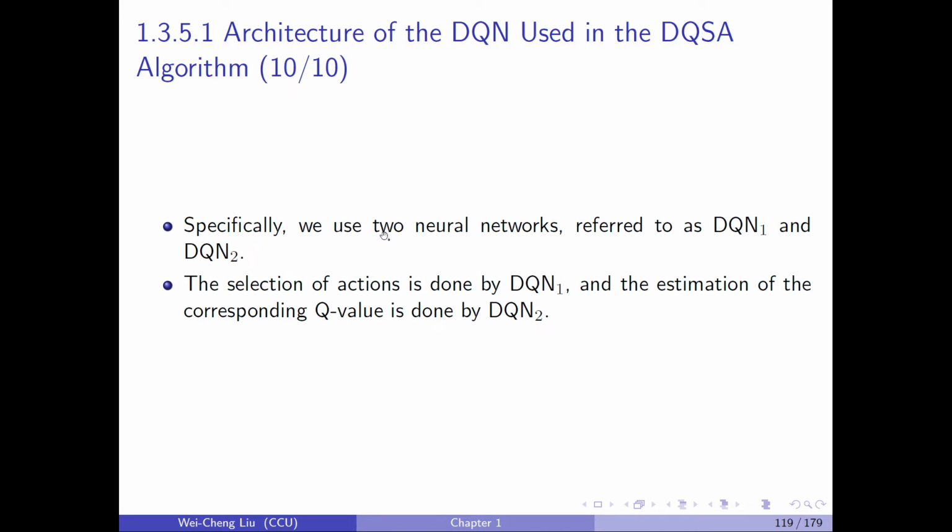Specifically, we use two neural networks referred to as DQN1 and DQN2. The selection of actions is done by DQN1, and the estimation of the corresponding Q value is done by DQN2.